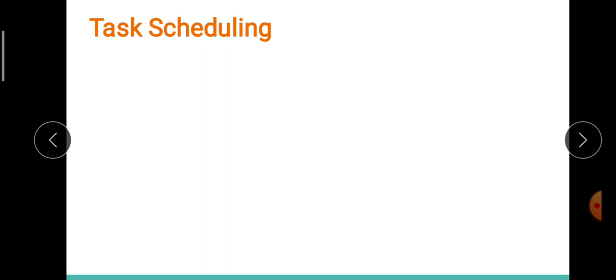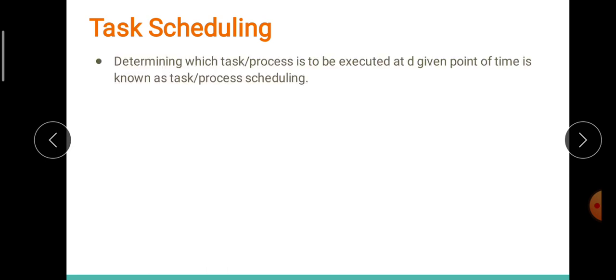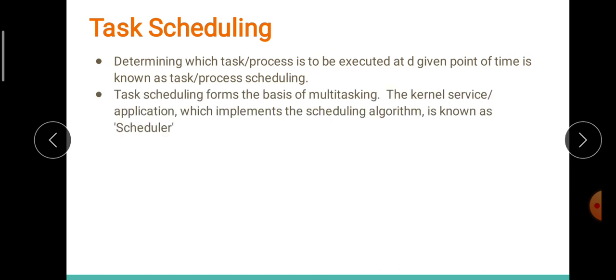So task scheduling, in fact, is the basis of multitasking, because task scheduling gives us an idea of determining what task to be selected when, right? And the kernel service or the kernel application which implements this scheduling algorithm is called the scheduler.